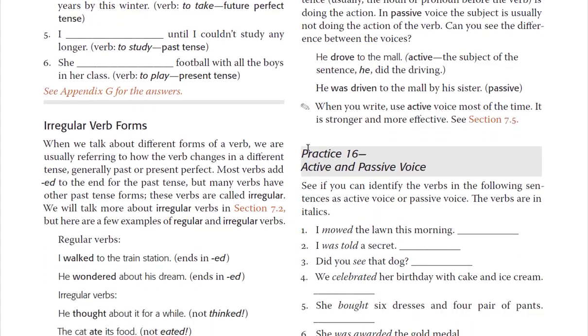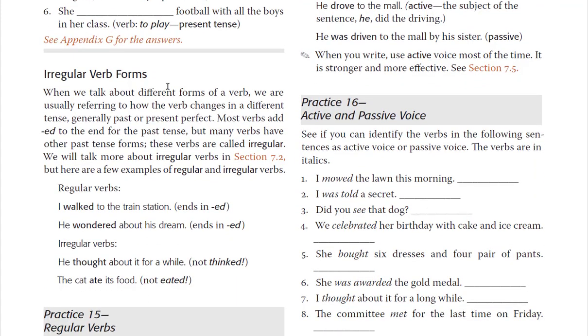Irregular verb forms. When we talk about the past tense, when we have a regular verb, to form a regular verb in the past tense, we use ed, ed, ed. But some irregular verbs, you can't say he thinked about it for a while. You would say he thought about it for a while. So if you cannot use ed for past tense, then that's known as an irregular verb.